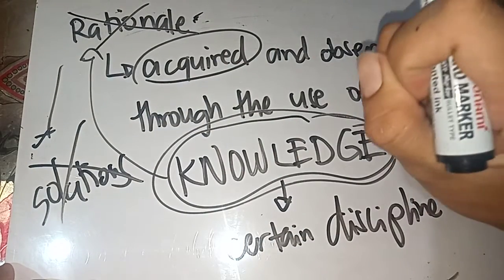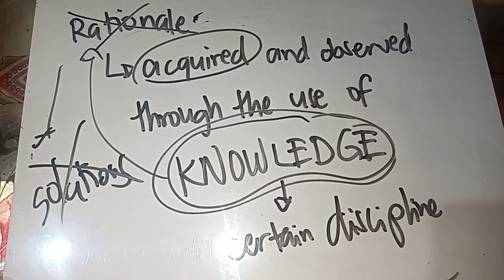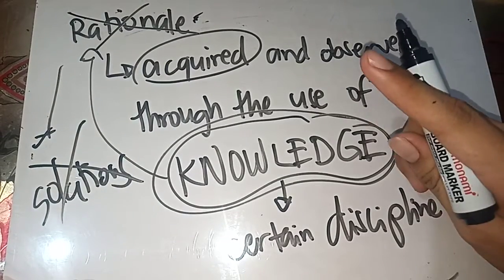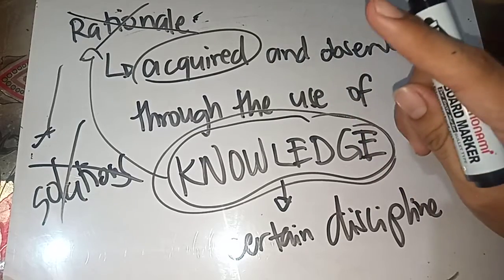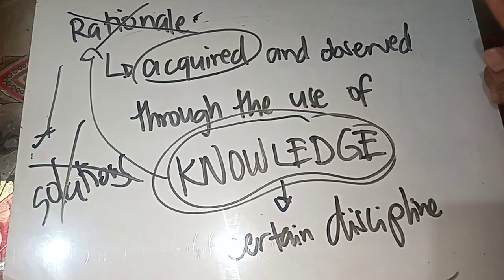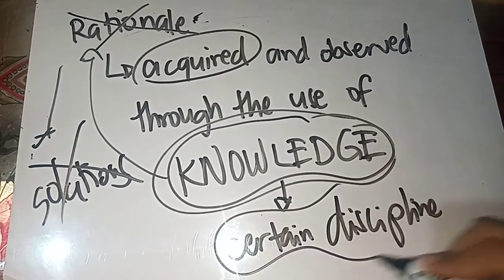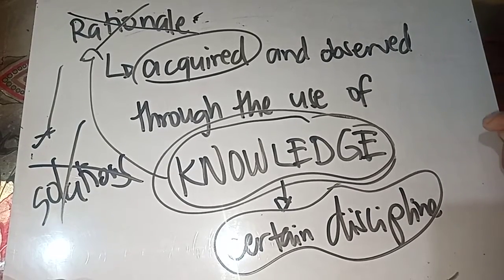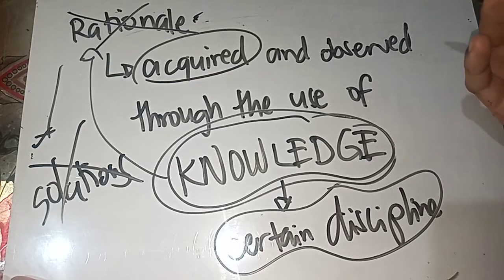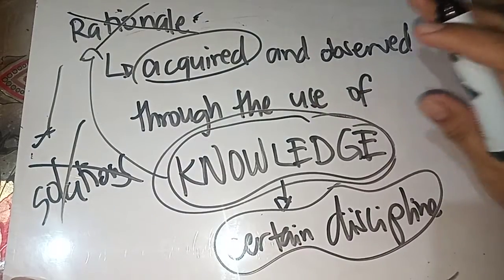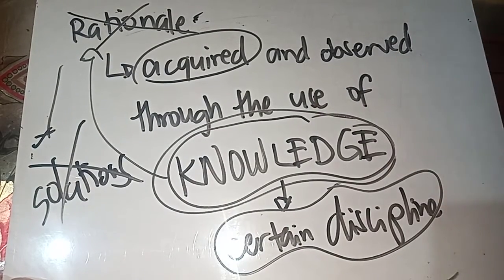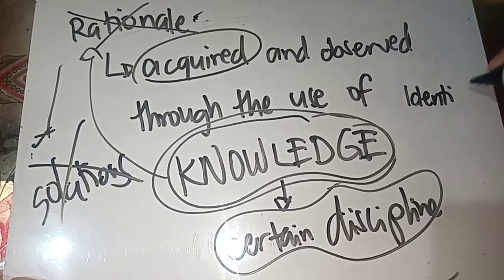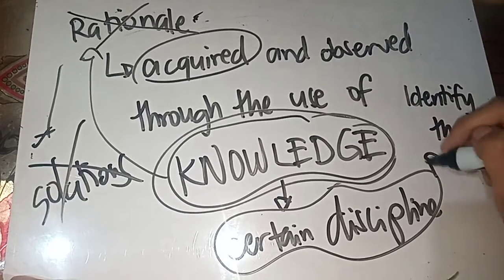In the process of the scientific method, the very first step is to identify the problem. So without the knowledge over a certain discipline, we cannot perform the first step of the scientific method, which is to identify the problem.